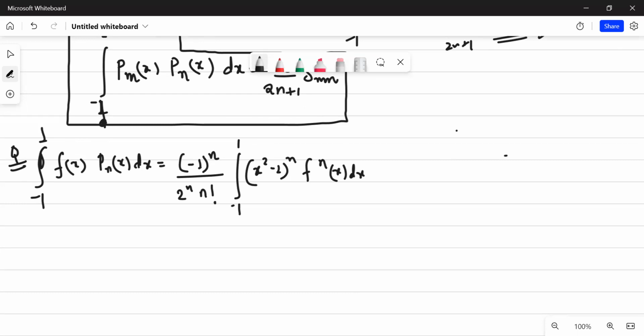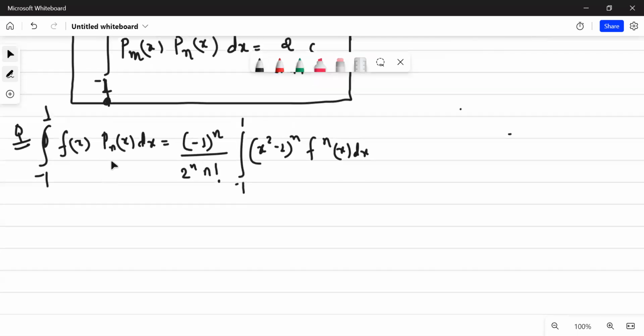Is that clear? So what I'll do is use the Rodrigues formula.